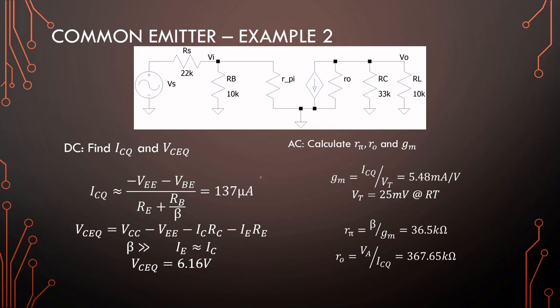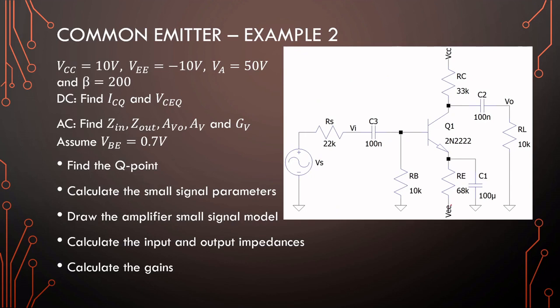If we look at the model, our emitter disappeared again because this DC source will become a ground and this capacitor will become a short circuit, removing all of this once again.